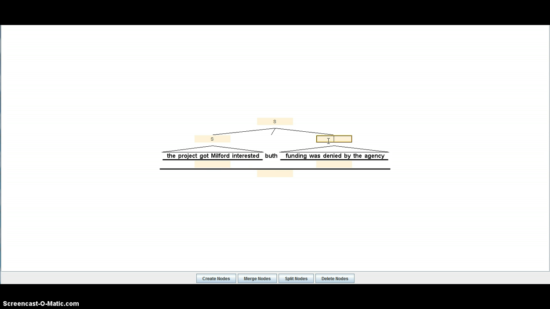That's another S. And then we have this BUT, sorry for the H, but we'll call it conjunction as the form and coordination as the function.